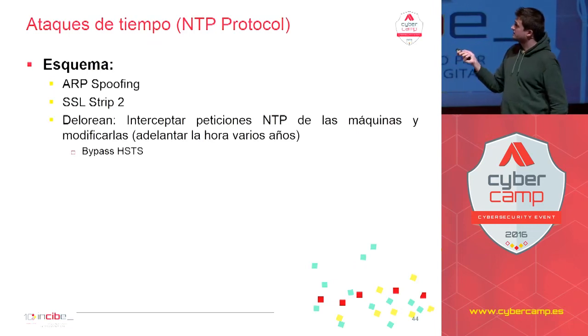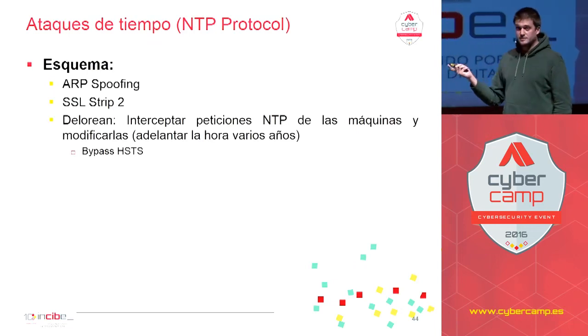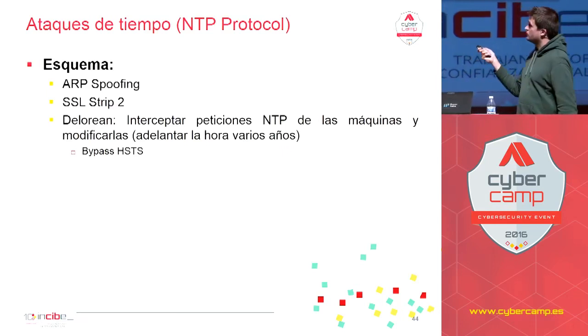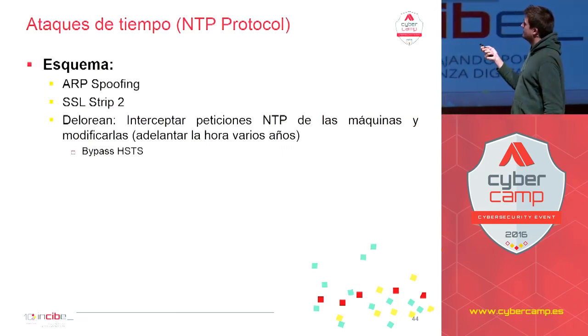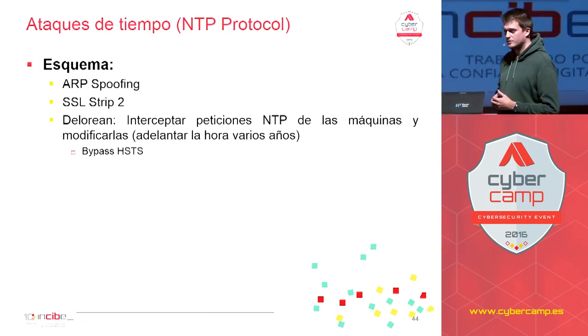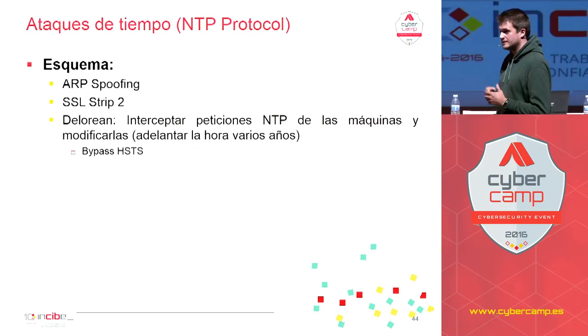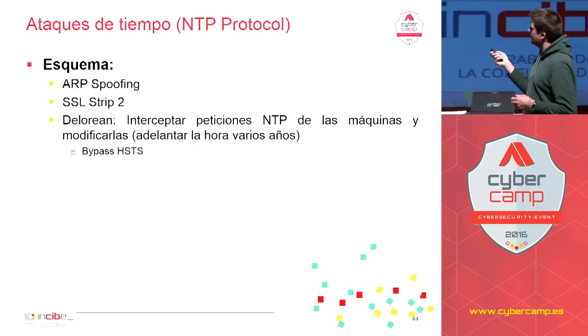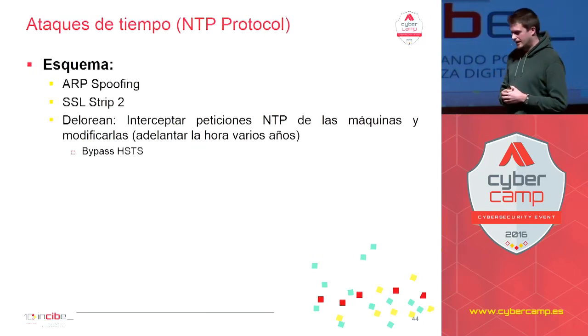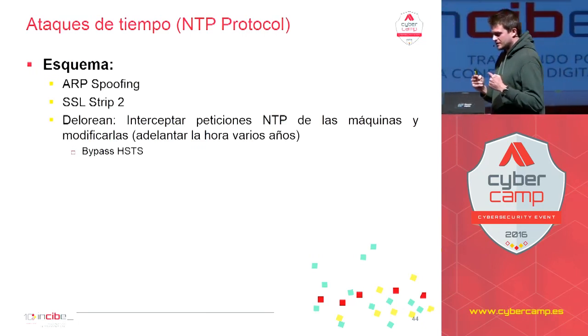So the idea is the following. We have ARP spoofing, SSLstrip 2, and then Delorean, which is an NTP server. We have an iptables rule to redirect UDP requests to port 123, and we can change them, and we can change the time on the machine.